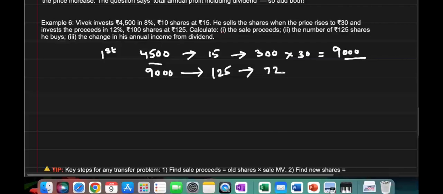He bought 72 shares. Understood? So now the face value of 72 shares, second kind, will be 7,200.